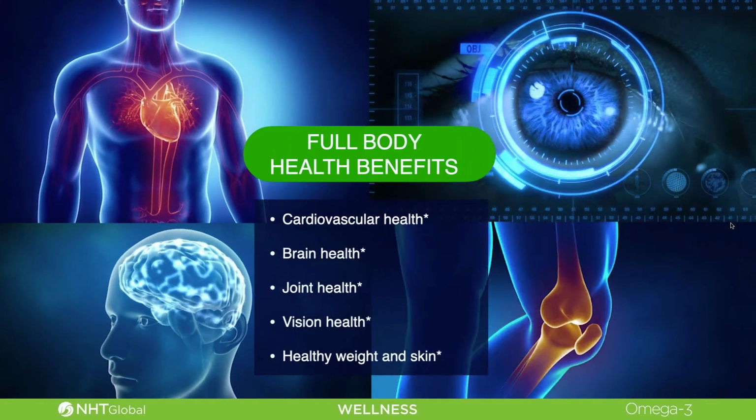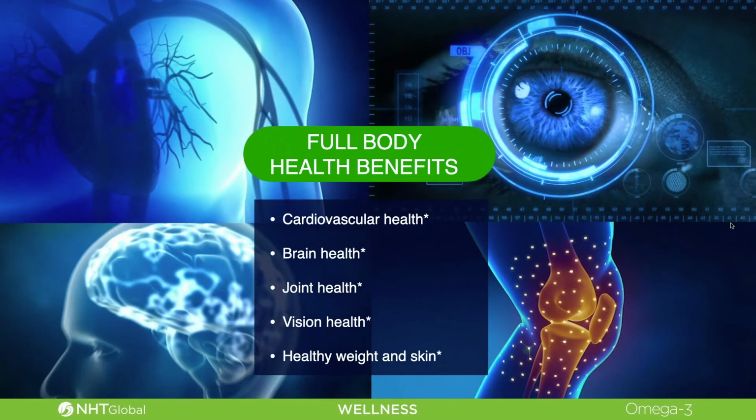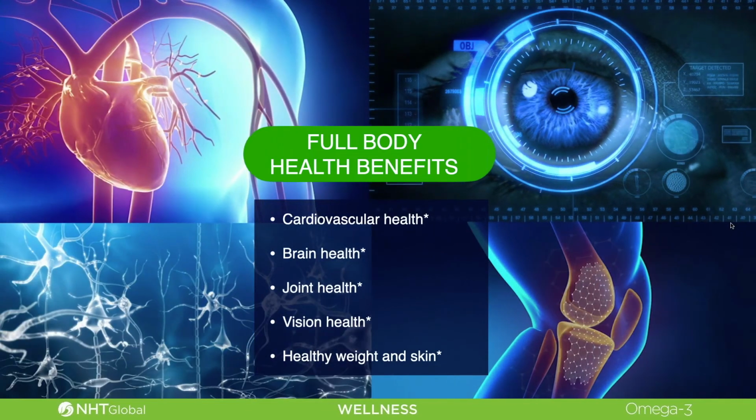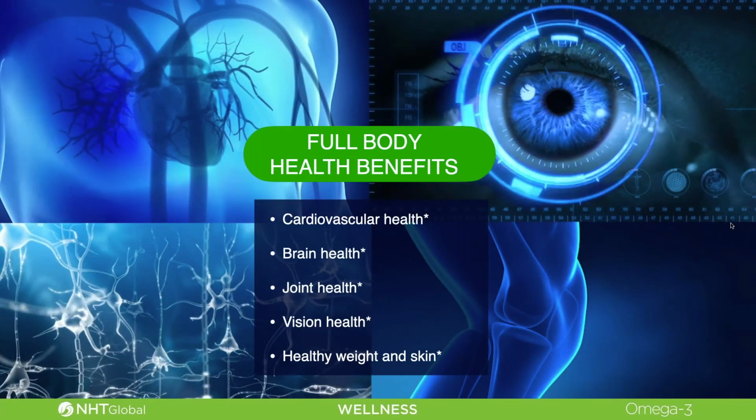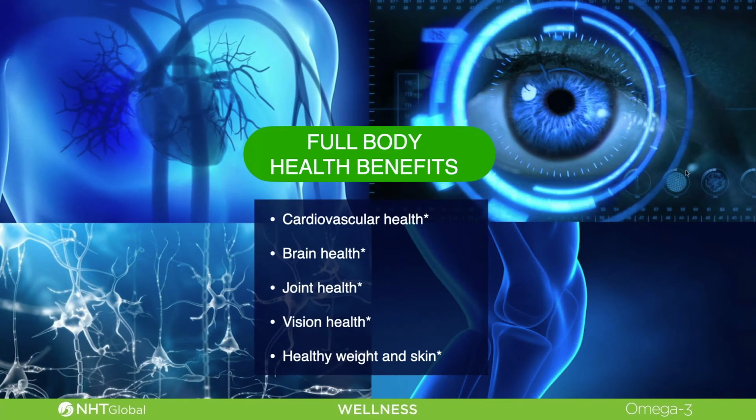So one of the things that is interesting is that the omega-3s are beneficial for so many areas of the body. Why? Because they're essential and they're incorporated into the actual membranes and structural components in our body.